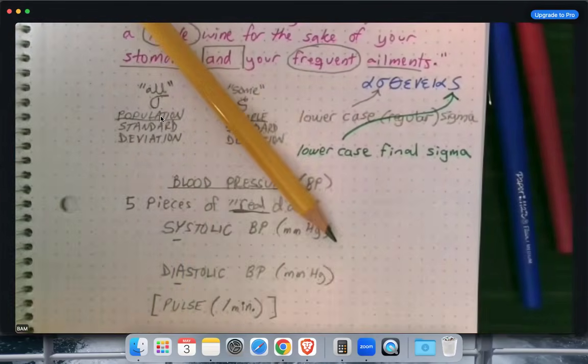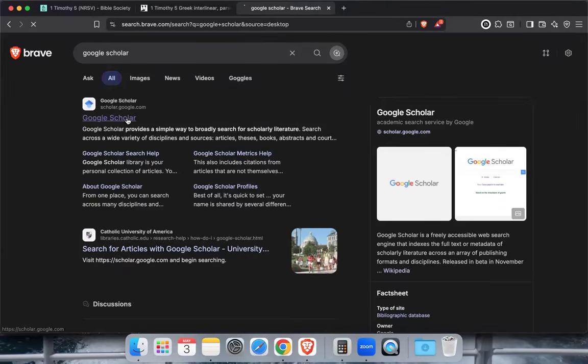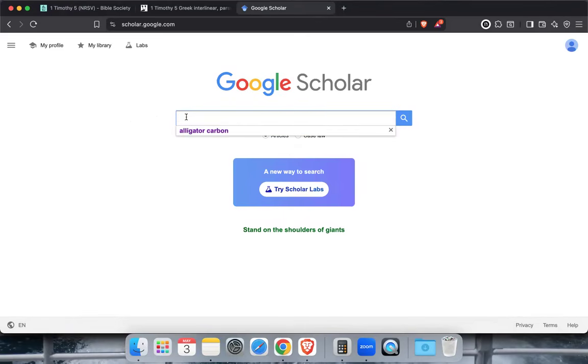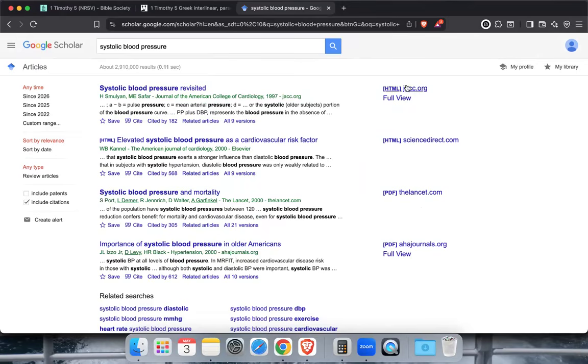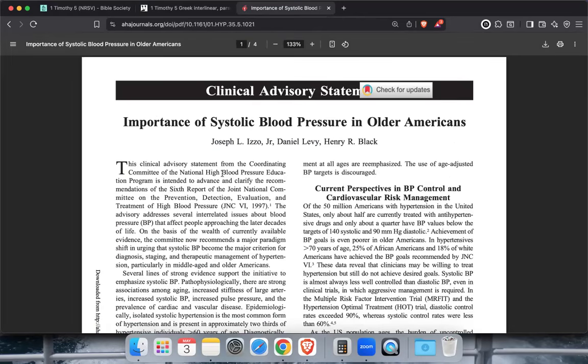So to find out what they mean, if I'm being real serious, I want to go to Google Scholar probably or something like that. And over here on the right side, if there are links, that means I can probably see the information. So it says older Americans. And once I get here, I don't want to read everything necessarily. But I can press Control F, systolic.